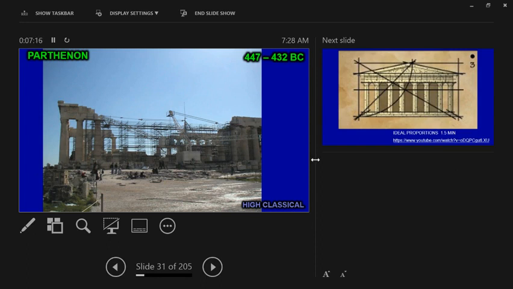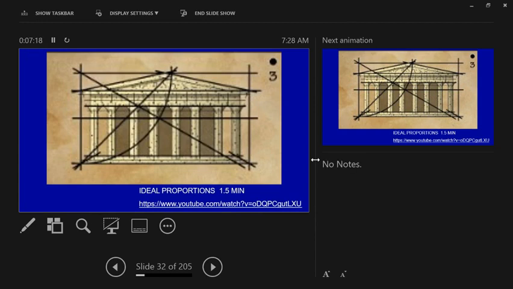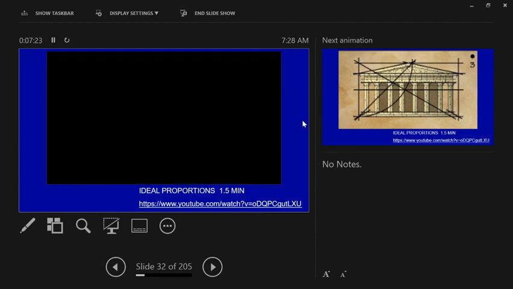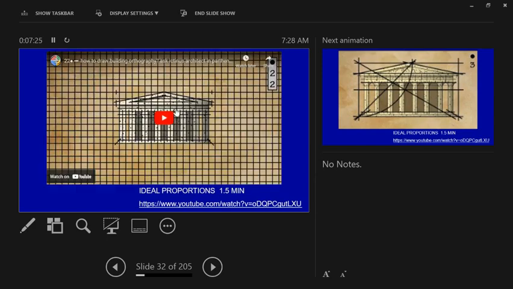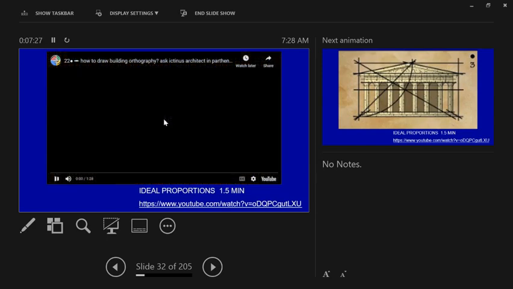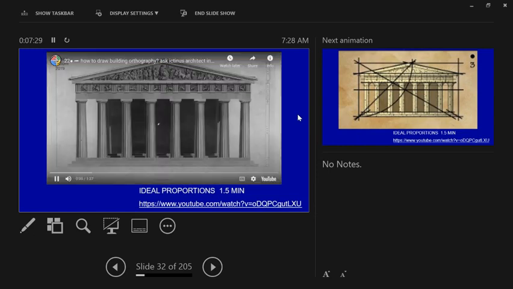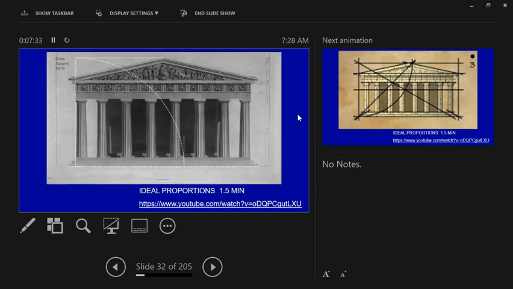But first, before we get to that, I want to show you guys the proportions of the Parthenon. This Parthenon is perfect architecture. It is perfectly balanced.